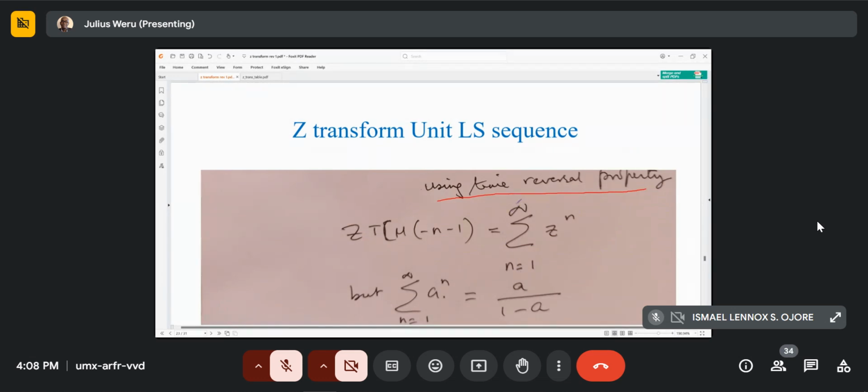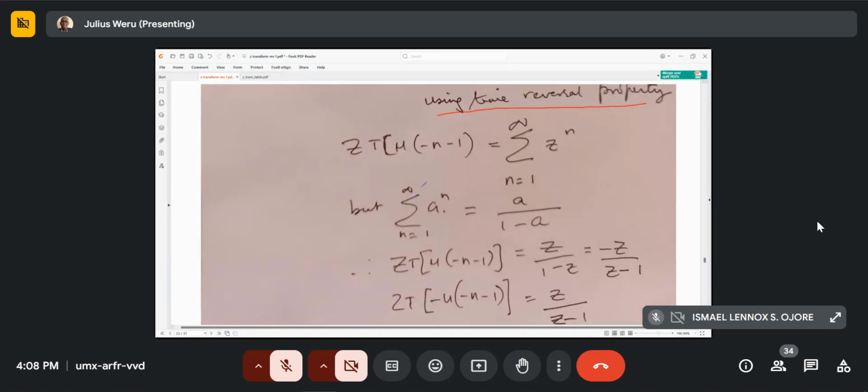That's just n becoming minus n. So we know this is equal to this, and the z transform of this is simply this.